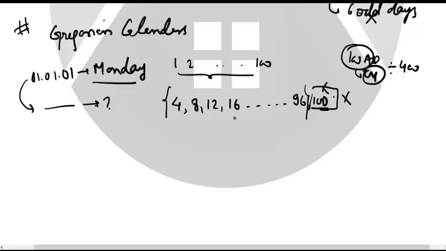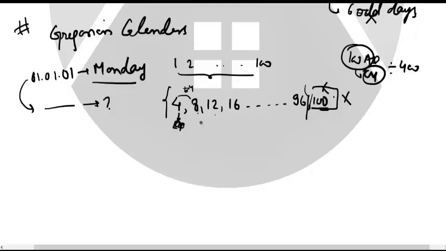The number of terms in this is nothing but the number of leap years, because a leap year happens every 4th year. So here 1 leap year, another leap year, another leap year, and so on. This is given data which is in arithmetic progression. Here the common difference is 4. So how many terms are there?